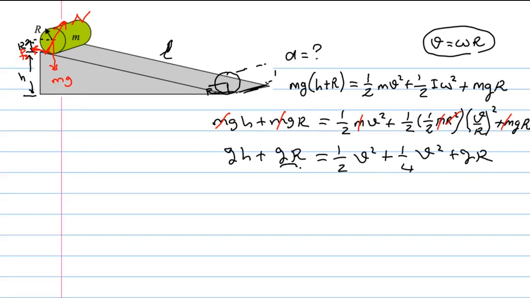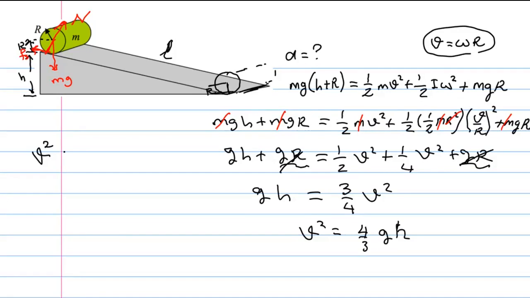We have the same term on both sides, so we can also drop this. But when we rewrite, it is nothing more than gh equals 3/4 v squared. V squared turns out to be 4/3 times gh.